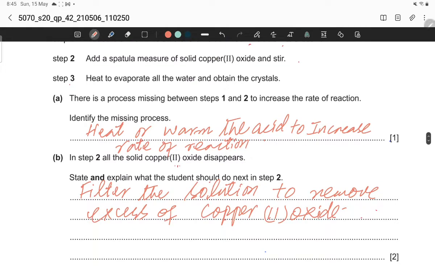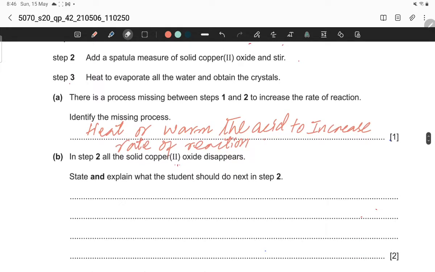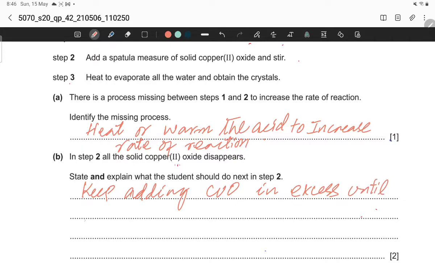Now this is not step 2. Step 2 is keep adding copper 2 oxide in excess until black solid remains at the bottom.